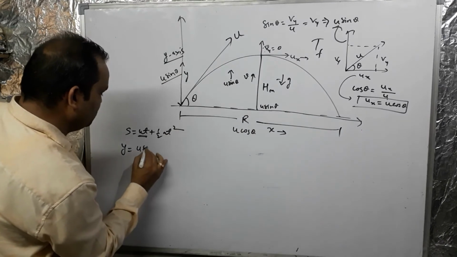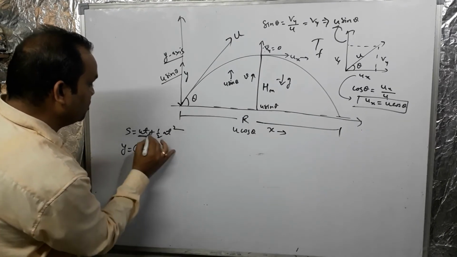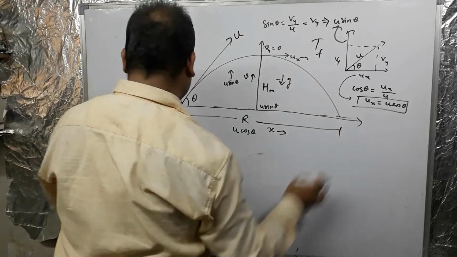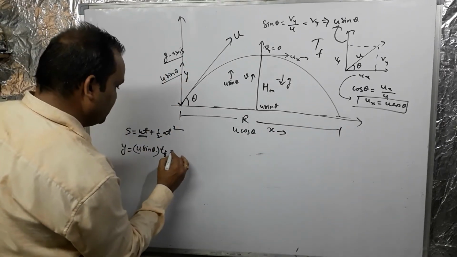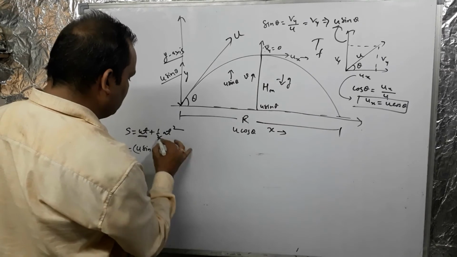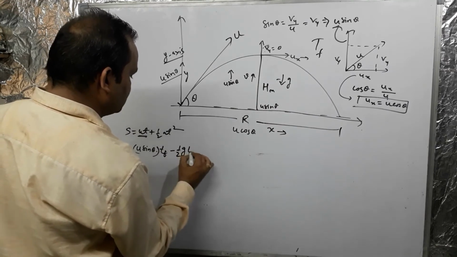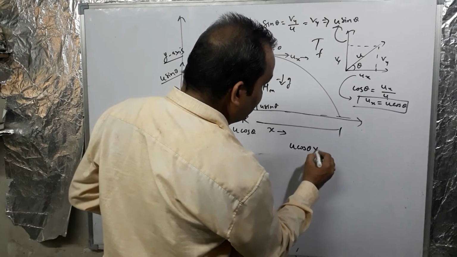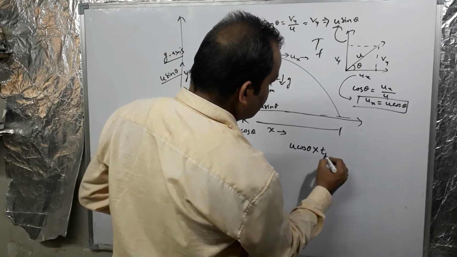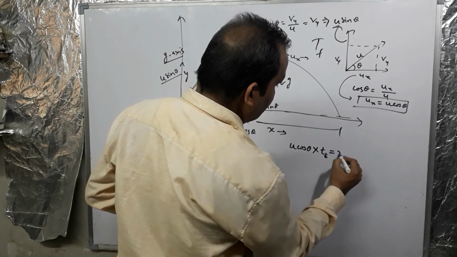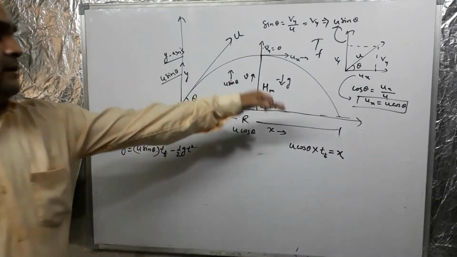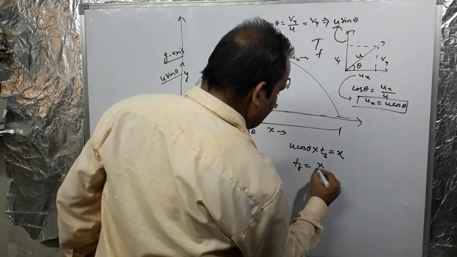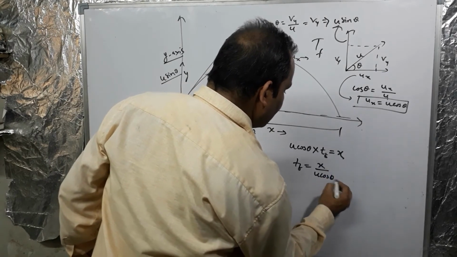So put here u sin theta into the total time taken from here to here, the time of flight, and g is minus, so minus 1 by 2 g t square. But you know that u cos theta into t is x, the distance covered. So the time of flight is x upon u cos theta.